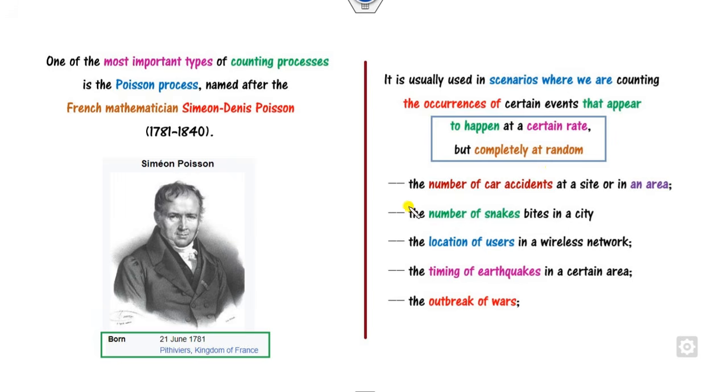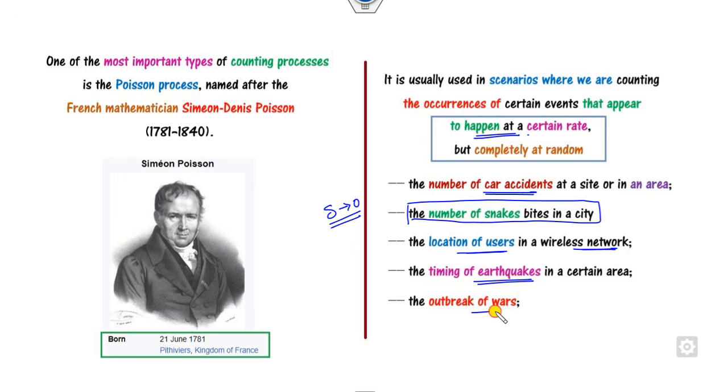For example, the number of snake bites in a city: the frequency or counting of snake bites in a city is very small, that is, delta approaches 0. The number of car accidents in a particular city also has a very small rate. Location of users in wireless networks, timing of earthquakes, and outbreak of war again happen at a certain rate but completely at random. So all are applications of the Poisson process.